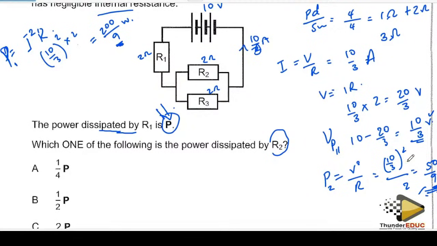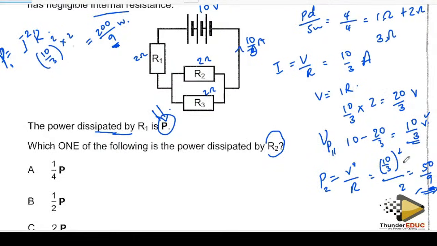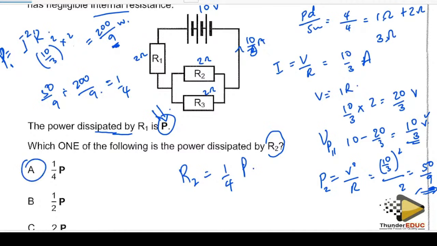If I have 50/9 and divide it by 200/9, I'm getting 1/4. Which means this R2 is a quarter of P, and the correct option is A.